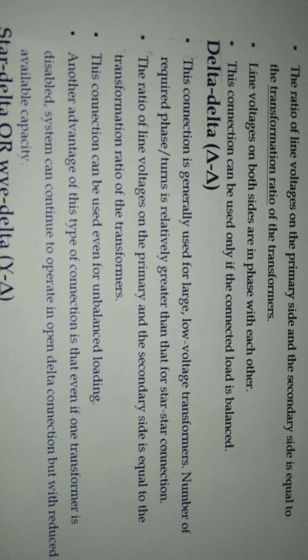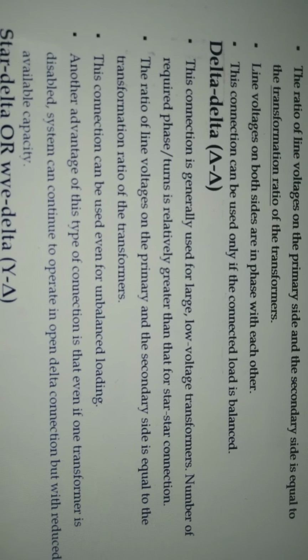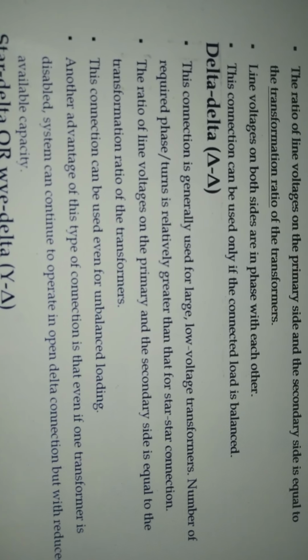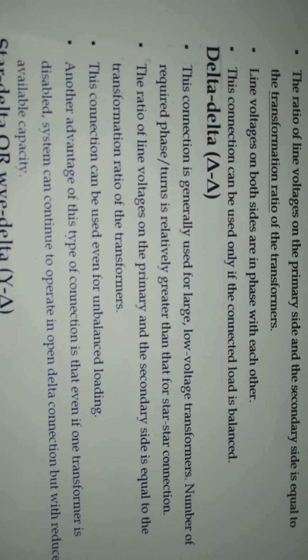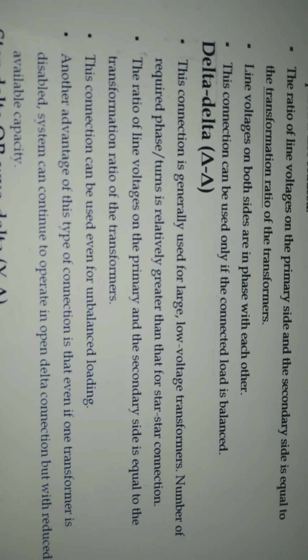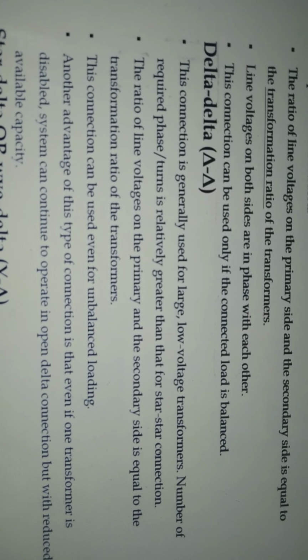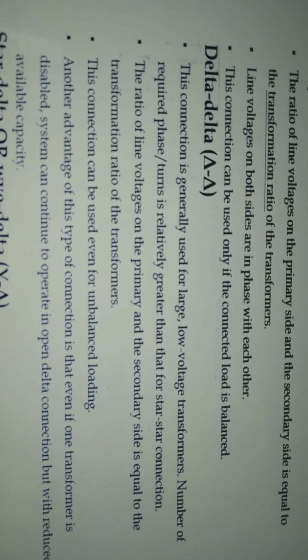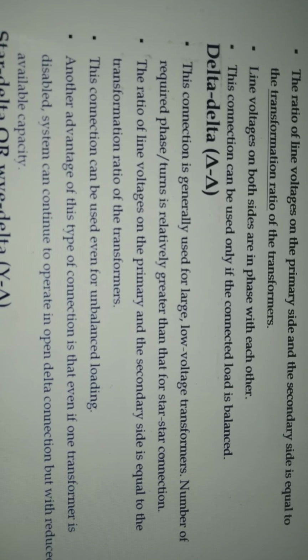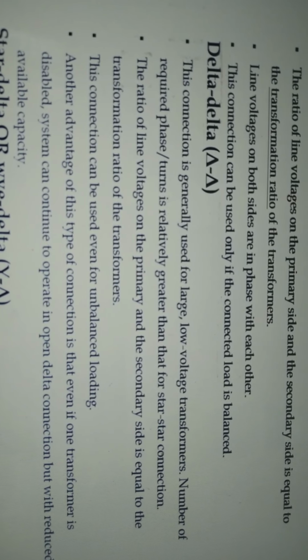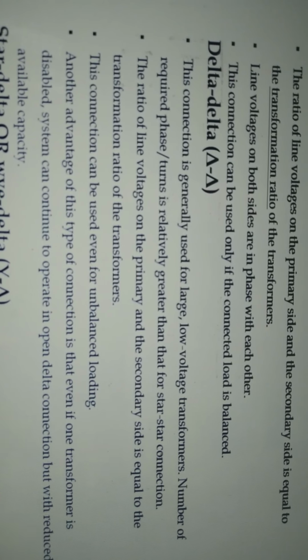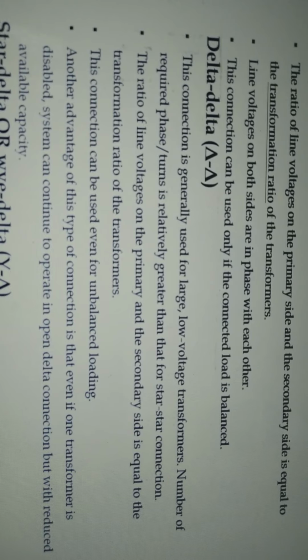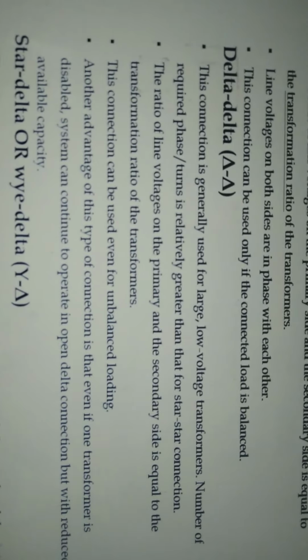This connection can be used even for unbalanced load. This is one of the advantages of the delta to delta connection. Another advantage of this type of connection is that even if one transformer is disabled, the system can continue to operate in open delta connection, which we mentioned as the fifth type, but with reduced available capacity.